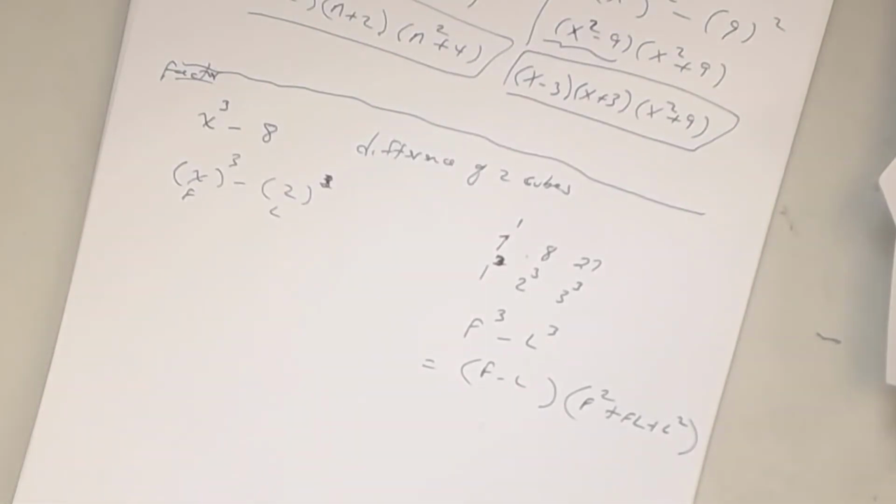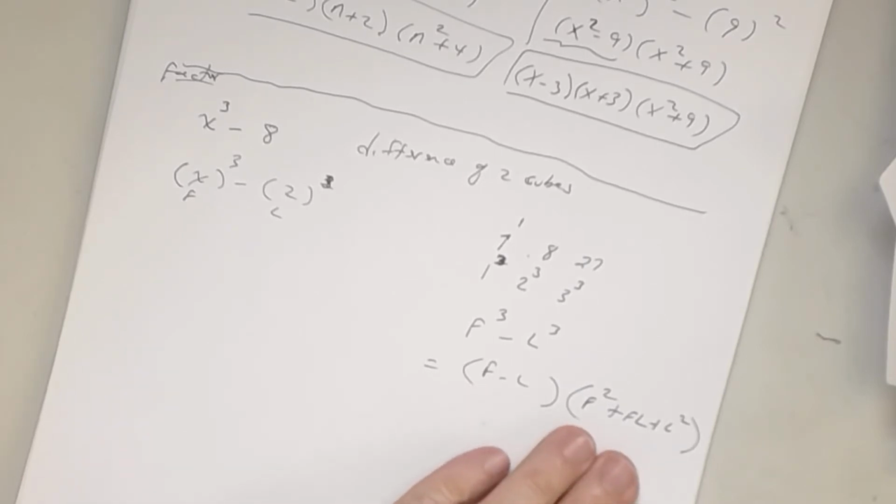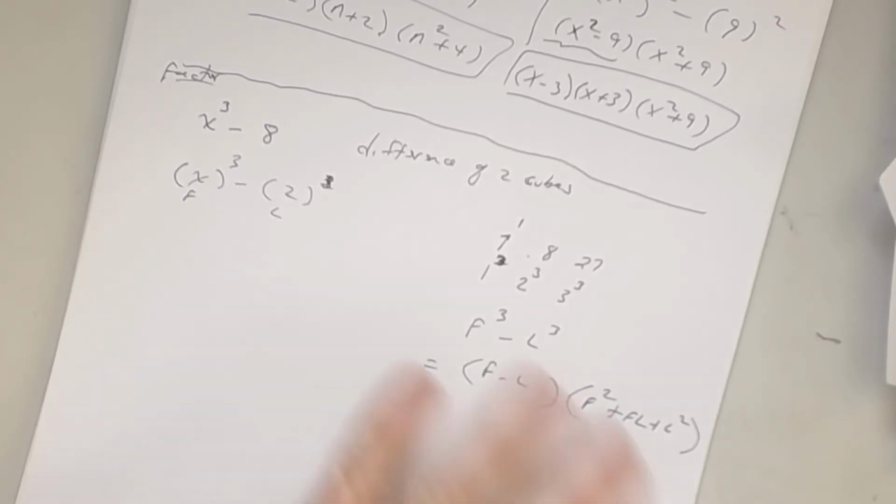So that's your formula. So you can see how it's going to look with this one. So it's not difficult. You just got to remember that formula. I'll give it to you. You don't have to memorize it. But if you multiply a binomial that looks like this and the trinomial looks like this, when you multiply this thing out, it will be the difference of two cubes.